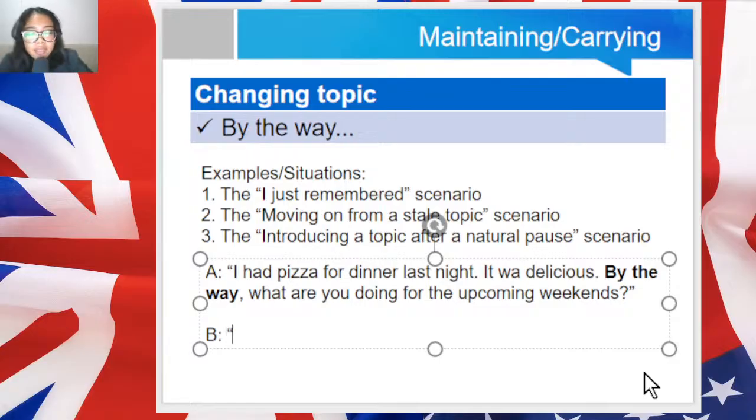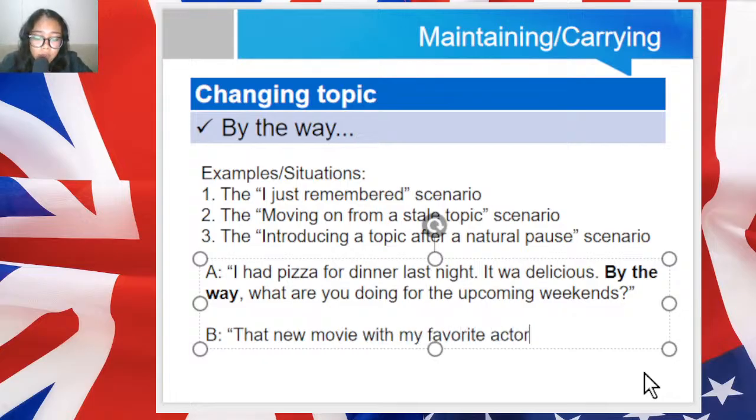All right. Again, the current topic is on a celebrity's new movie. And then the second topic, or the new topic, is on how busy you are with work. So you can create a dialogue like this. That new movie with my favorite actor is good.